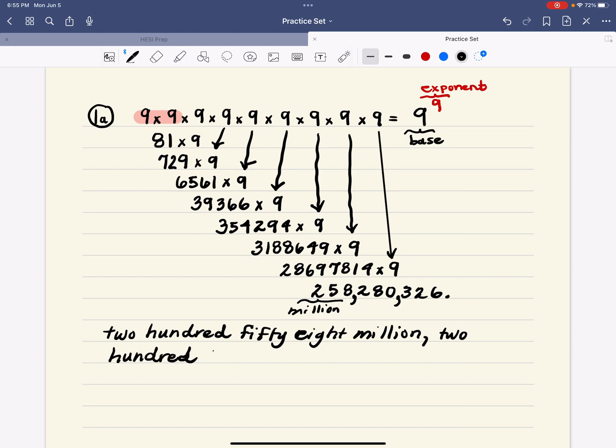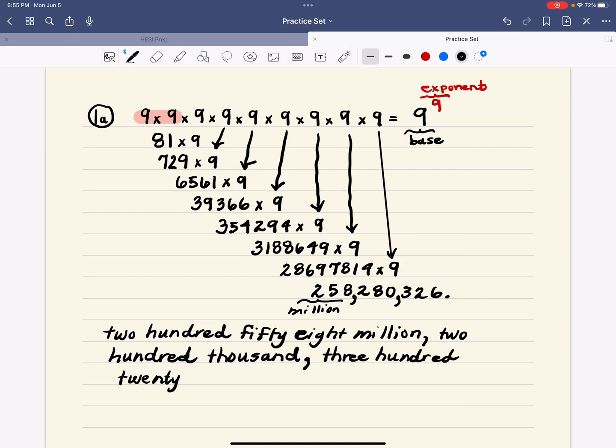Thousand. And there's another comma. 300. And then anything under 100 gets hyphenated.